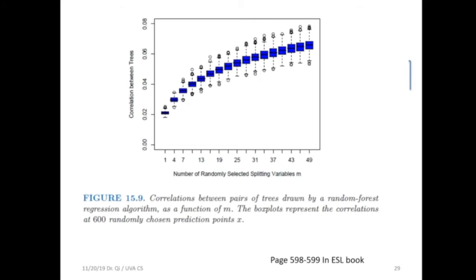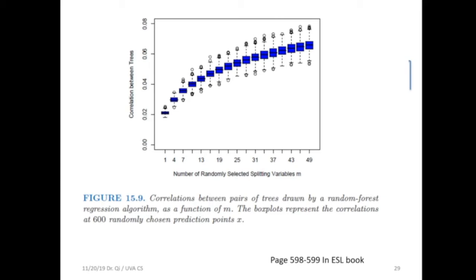So then the very natural question is, how many M should I use? The author actually did a lot of experiments to give guidance on what M to pick. It normally has this kind of plateau.